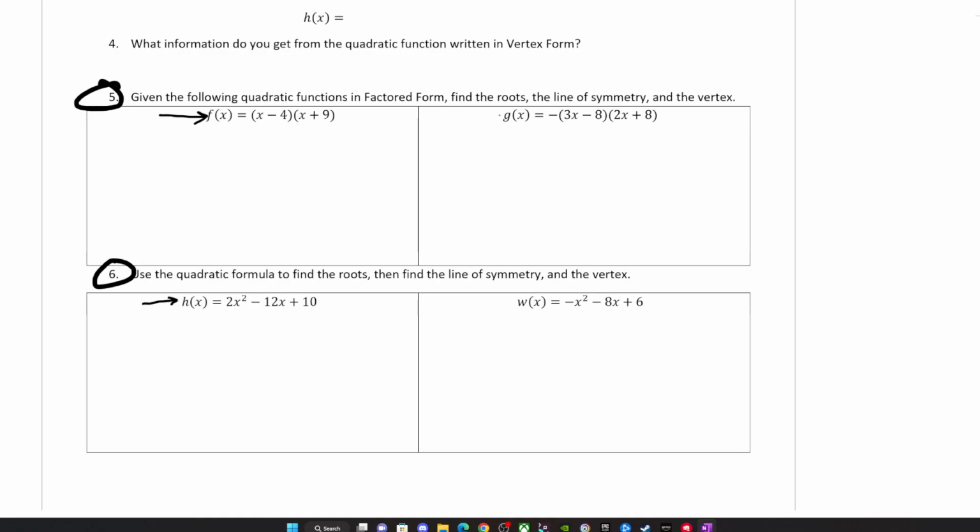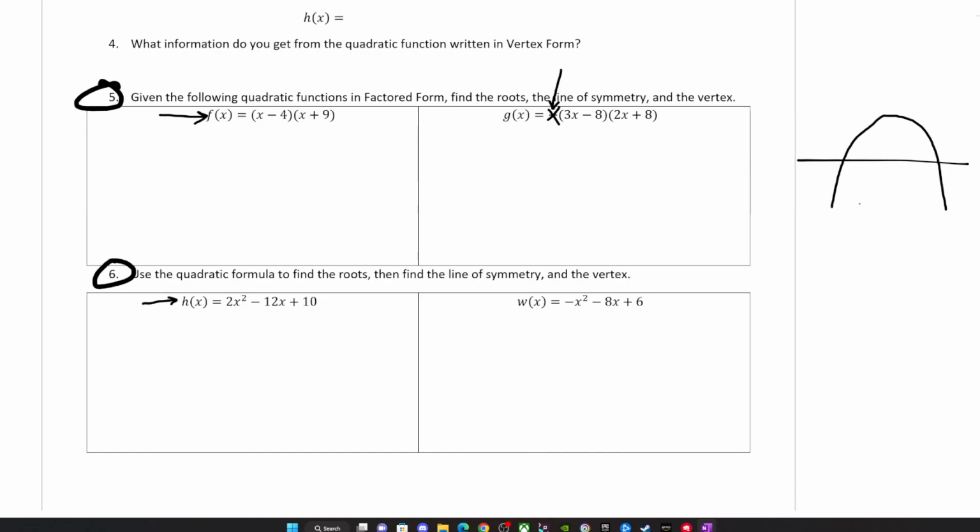Because they're very similar. Now here with g of x, I know there's that negative there, which may seem confusing. You can do two things. You can either just disregard it, because it's not going to do anything to the points of intersection, to the roots. Remember the negative, if you have the x-axis, just means that the graph will be upside down, right?